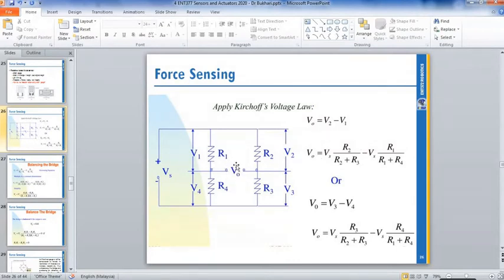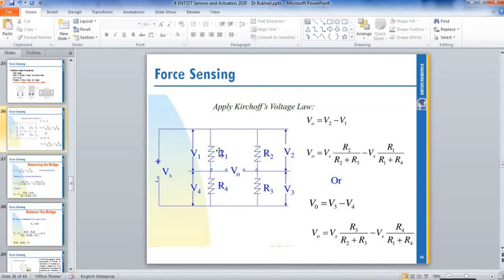You want to define the difference between point A and point B. So for example, Vs, similar to the voltage divider concept: R2 divided by R2 plus R3, multiplied by Vs. So you will get this voltage.